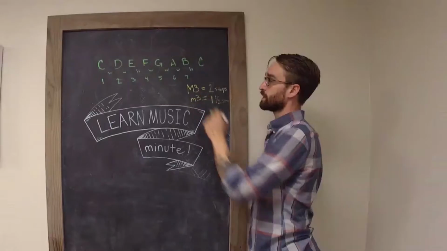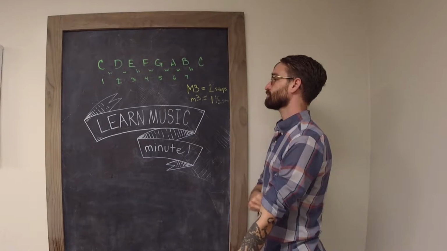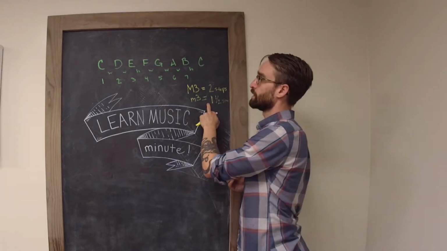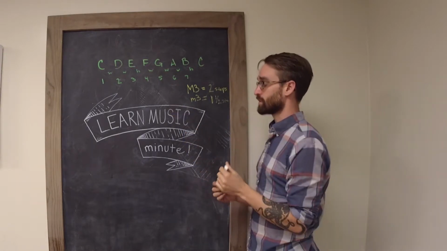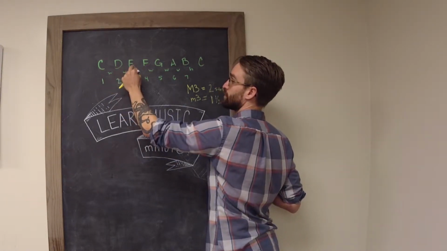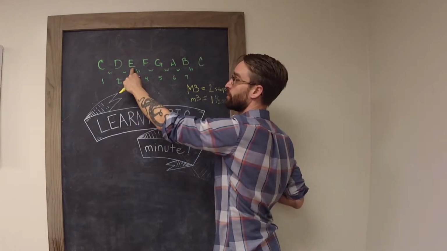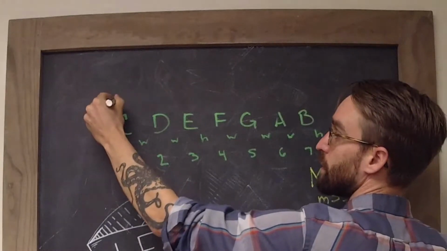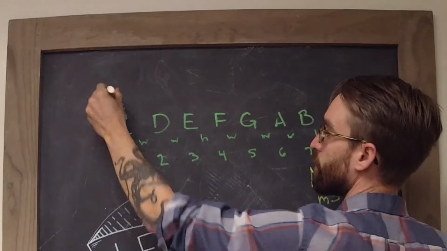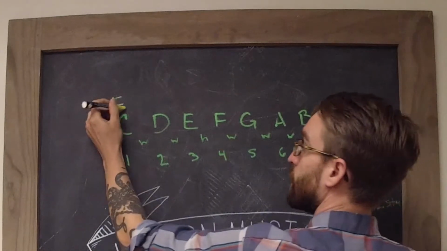So if we start at C, we're going to figure out what all these are later. But let's just build in thirds starting from C. So if we look here, we go 1, 2, 3. All right. So a third above C would be E. Okay.